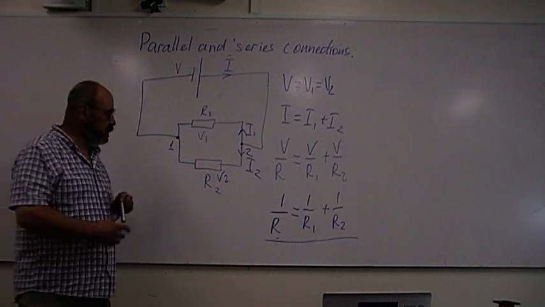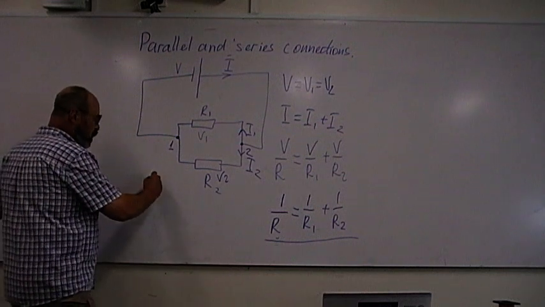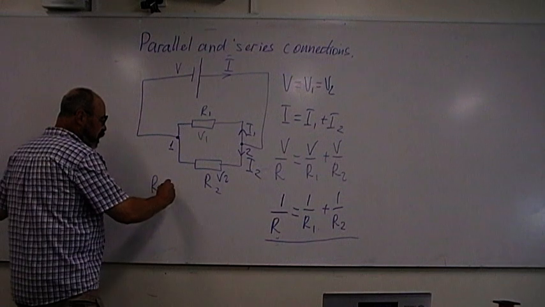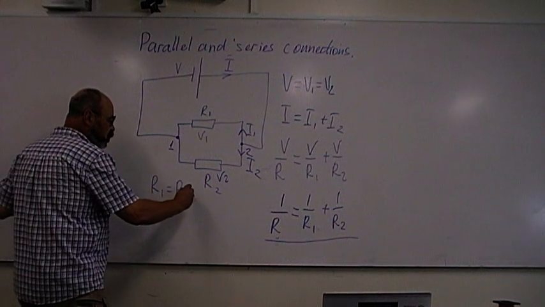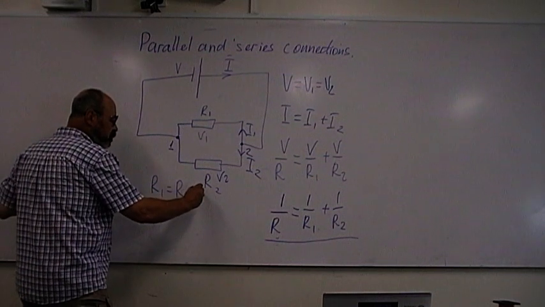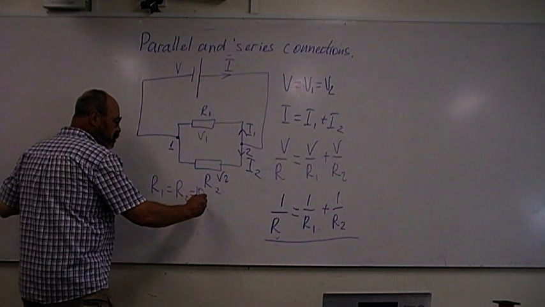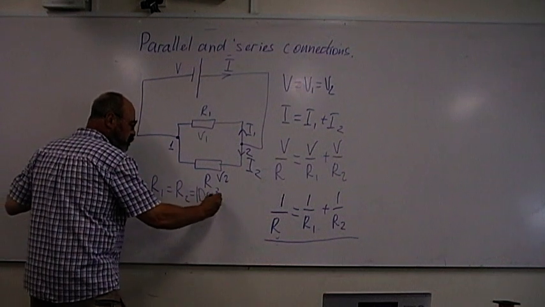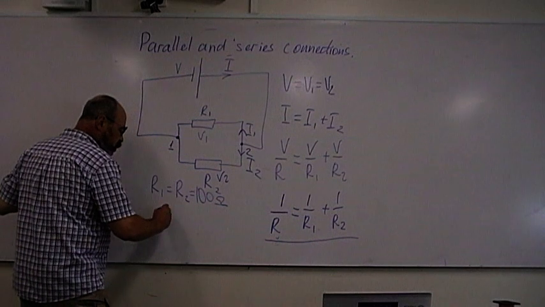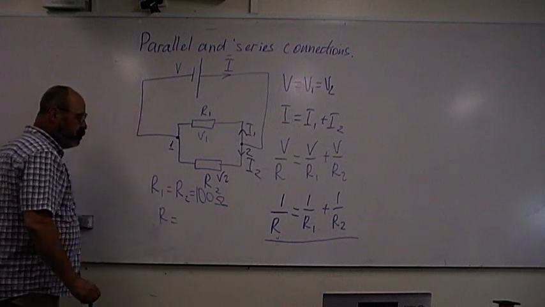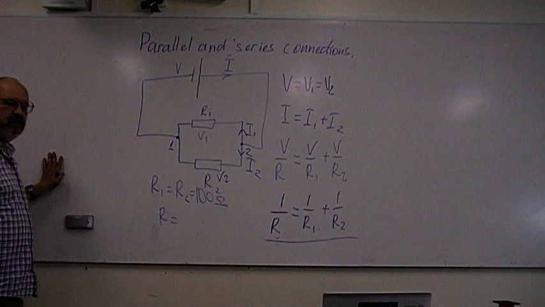Let's consider the next example. If we take two resistors, R1 equals R2, each of them 100 ohms, what will be the total resistance? 50. Yes, it will be 50.